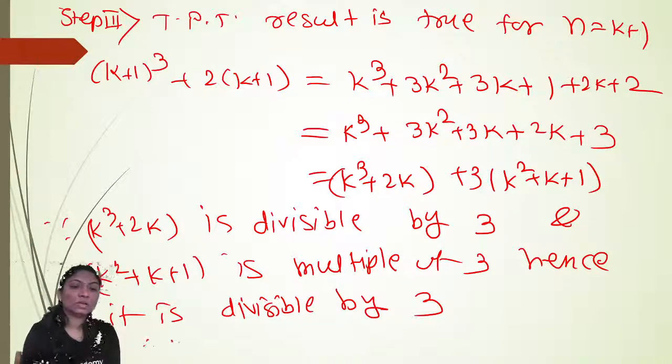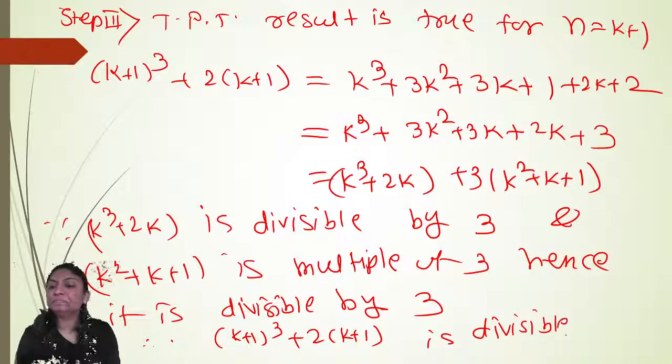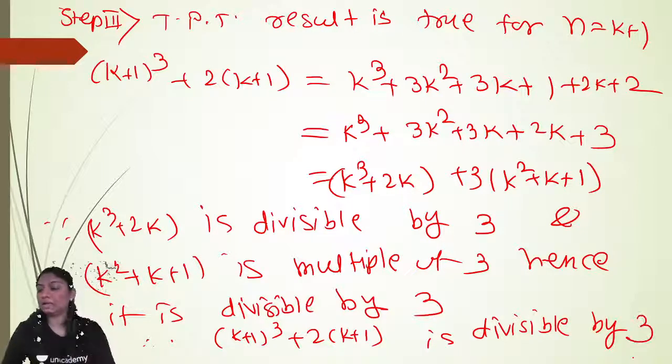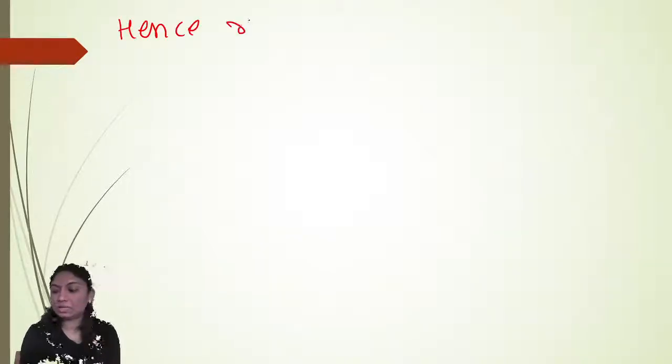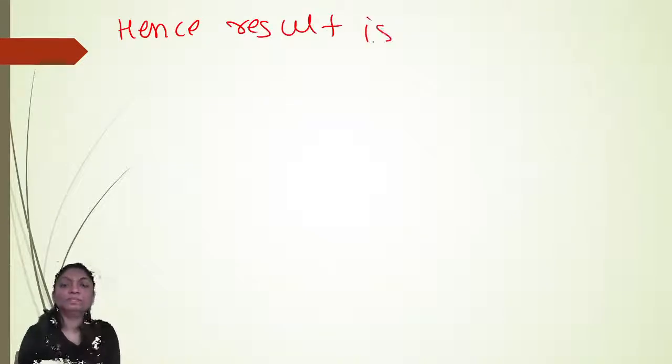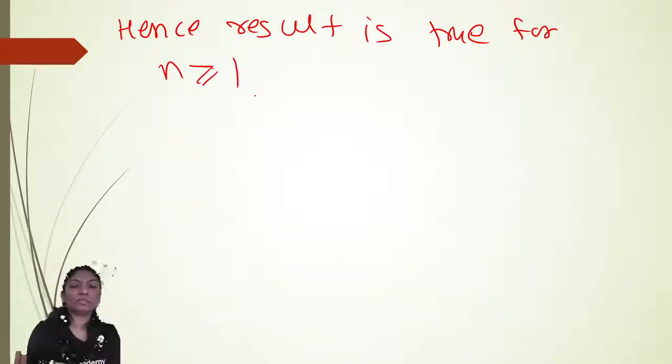Therefore k plus 1 bracket cube plus 2 into k plus 1 is divisible by 3, right? So hence the result is true for all natural numbers n greater than or equal to 1.